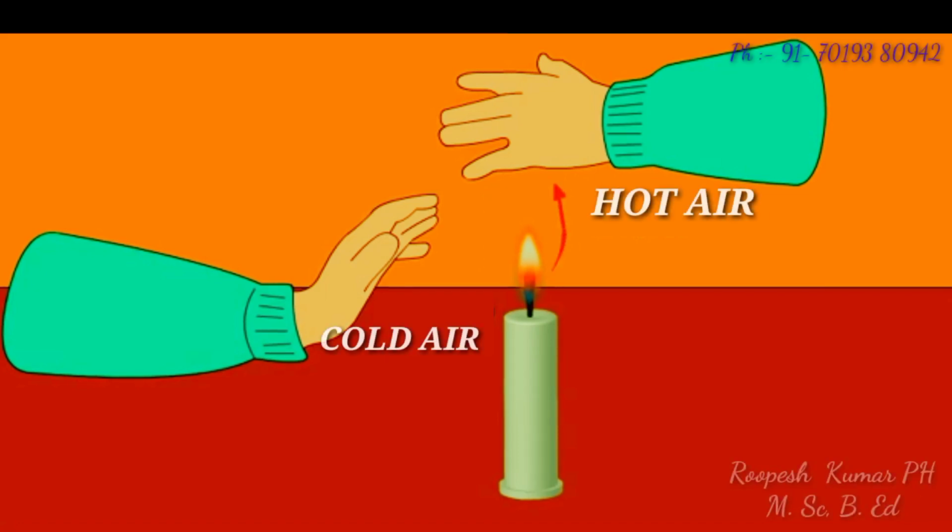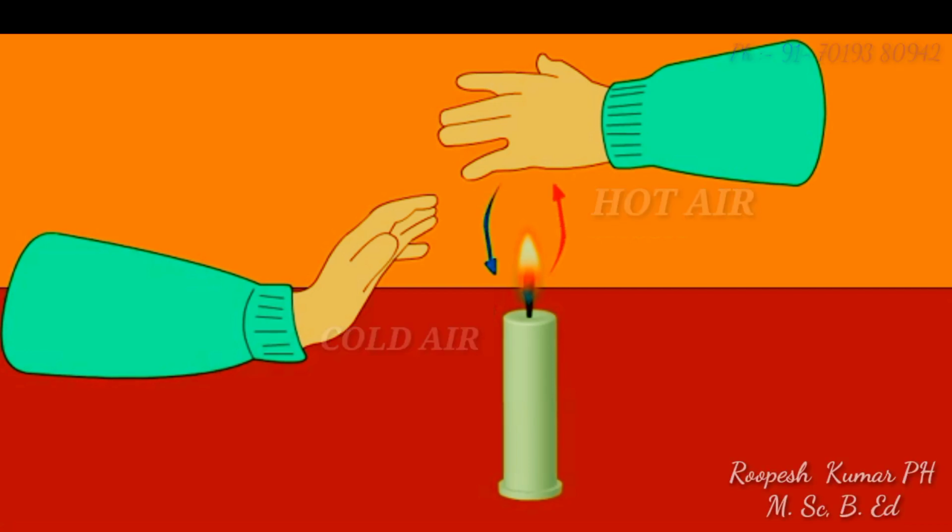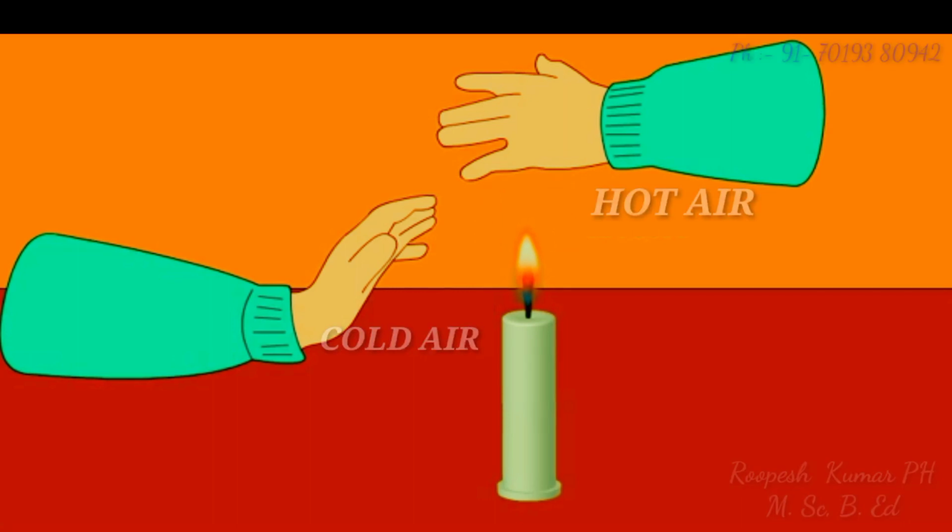This process of hot air rising up and cold air moving down is repeated continuously. In this way, convection currents are set up in the air above the candle flame, which carry more and more heat upwards. This transfer of heat by moving air makes our hand kept above the candle flame feel very hot.